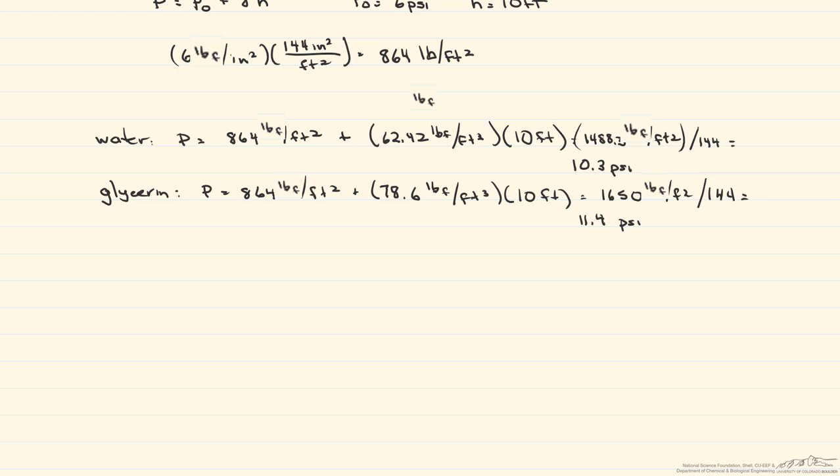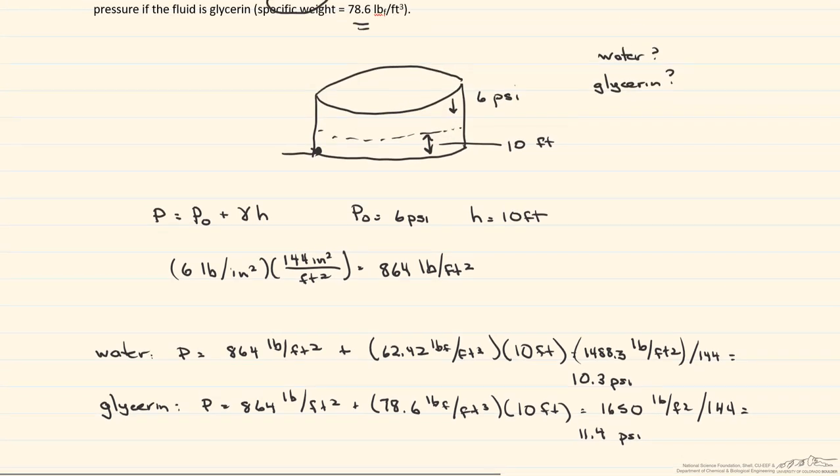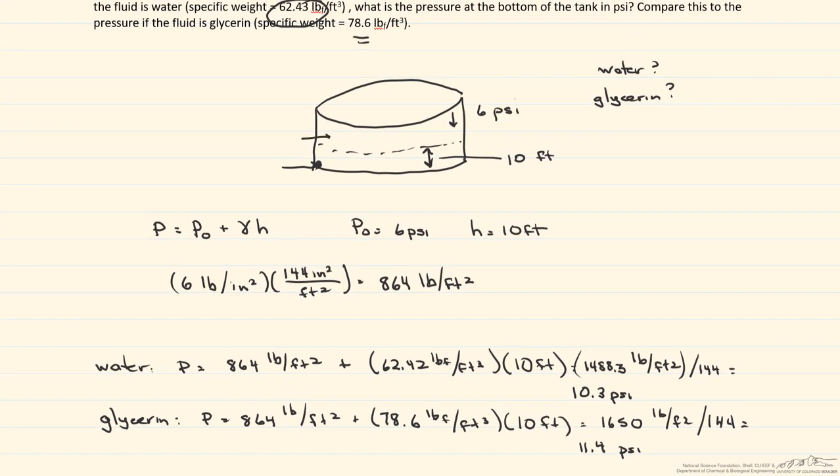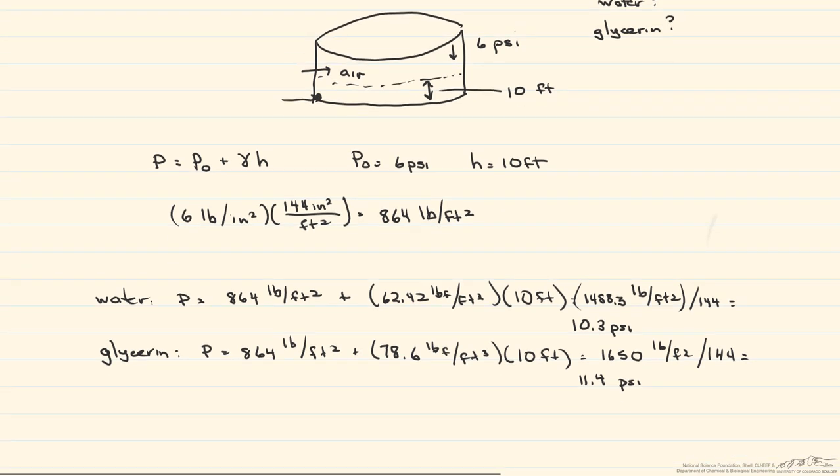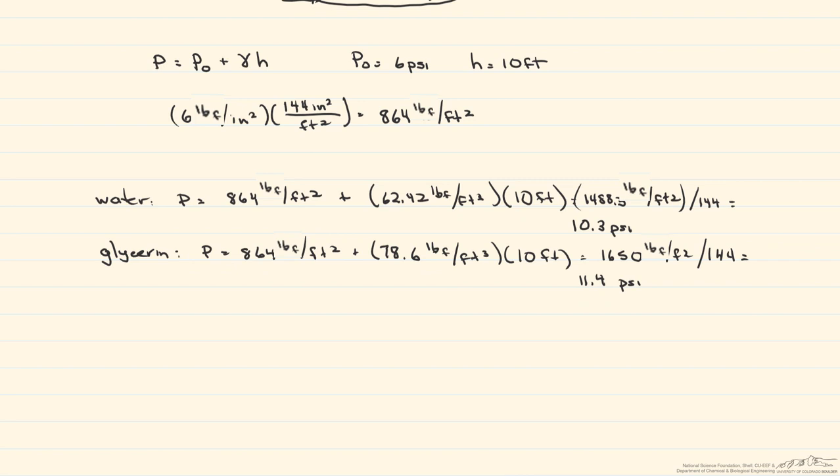But why do we assume that air pressure stays constant, even though when we go back here, this is our air and the rest is our fluid? So there is a difference in height in air. Well, if you look, the specific weight of air is equal to 0.07516 pounds per feet cubed.